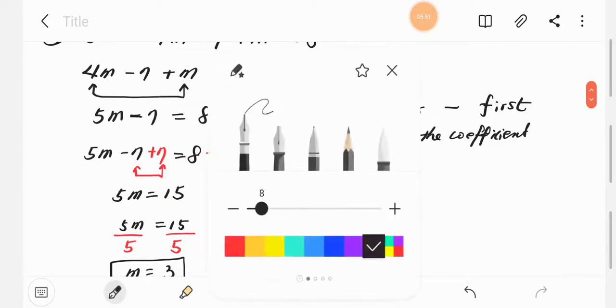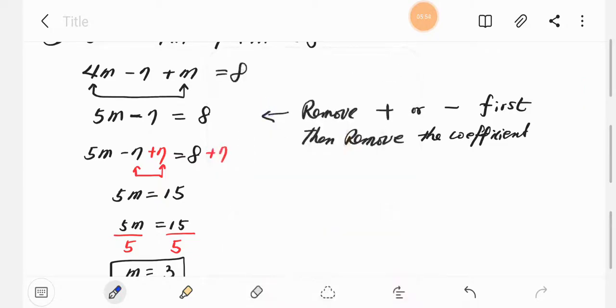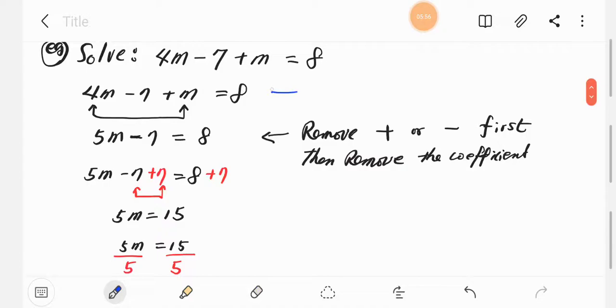So let me write the steps. Here we just combined the like terms.